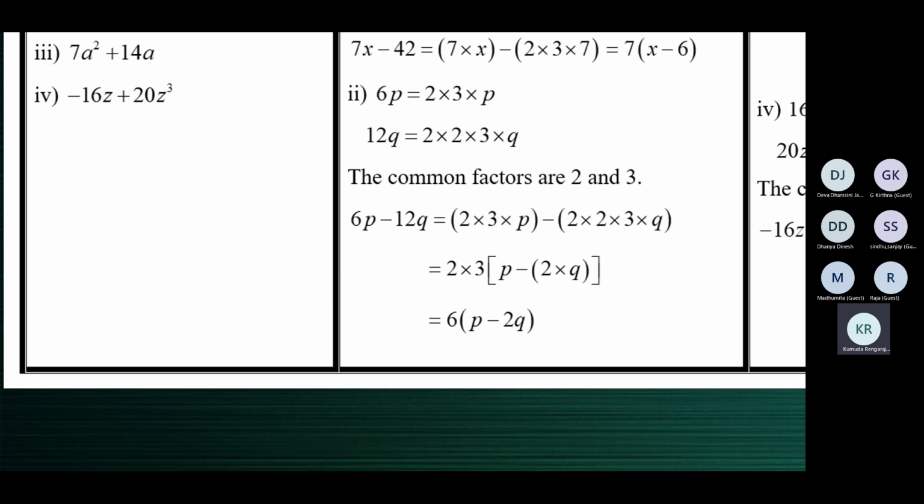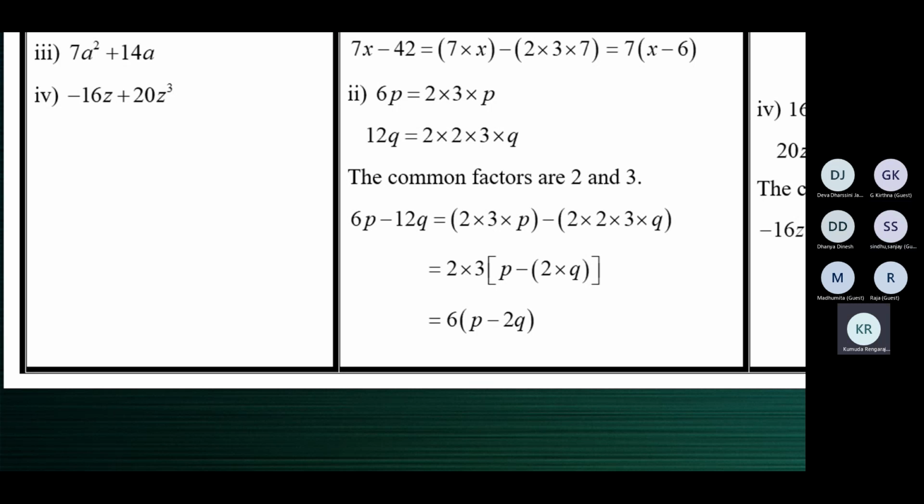What's the answer for that? I think Sindhu and Sanjay finished first. What's the answer, Sindhu? Ma'am, 7a into 2 plus a. Okay. Is it correct, ma'am?